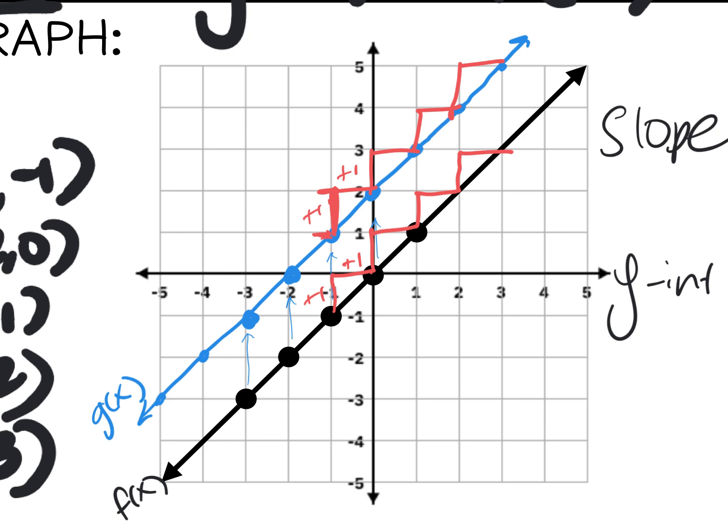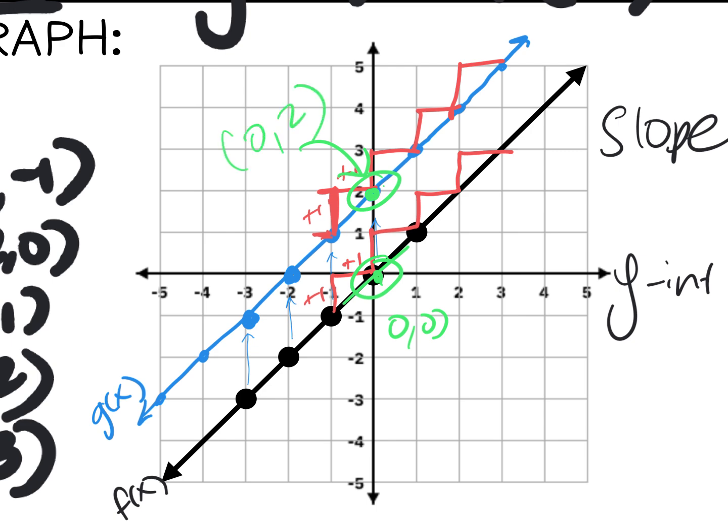Okay, did the y-intercept change? This is the y-intercept, where the graph crosses the y-axis. Here it crosses at 0, 0. Over here, where does it cross? What point is this? 0, 2.